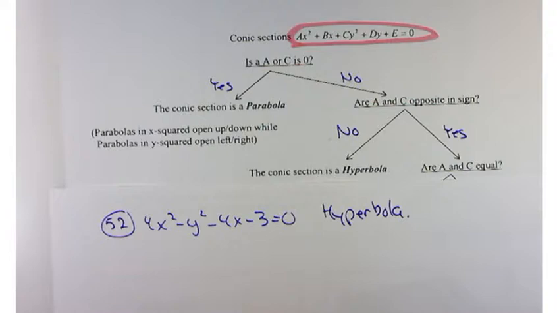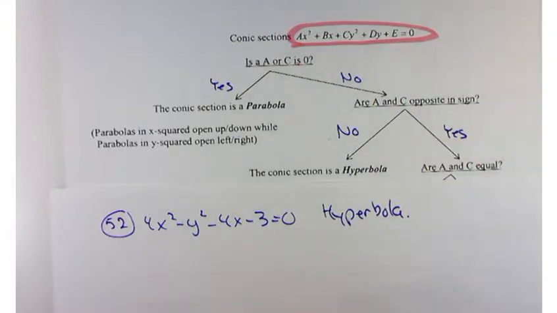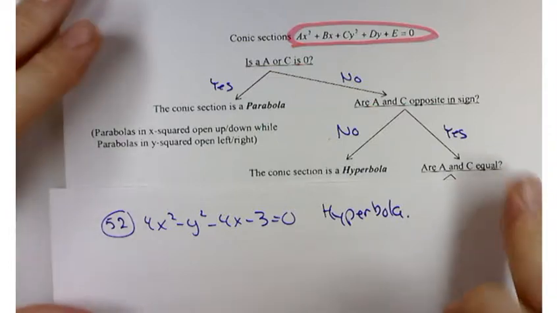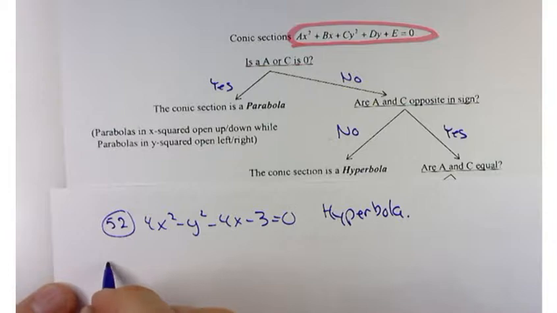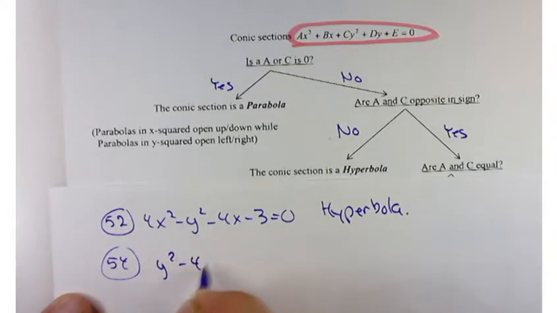Now we'll go through in a little bit and graph a few ellipses, and I'll give you a quick refresher on graphing a hyperbola. But let's take a look at problem number 54. So y squared minus 4y equals x plus 5.